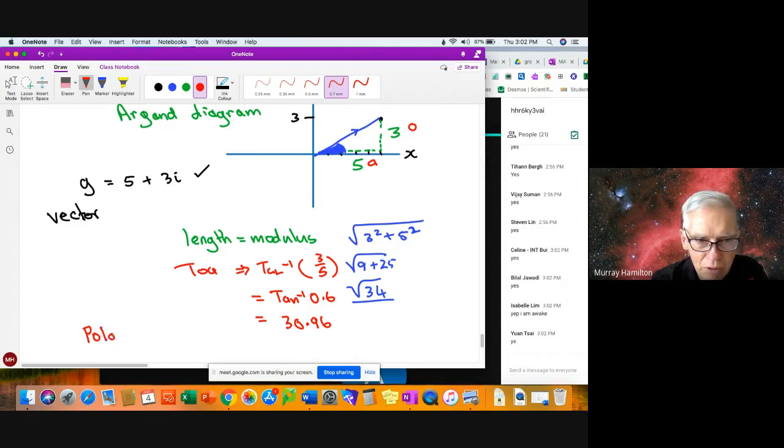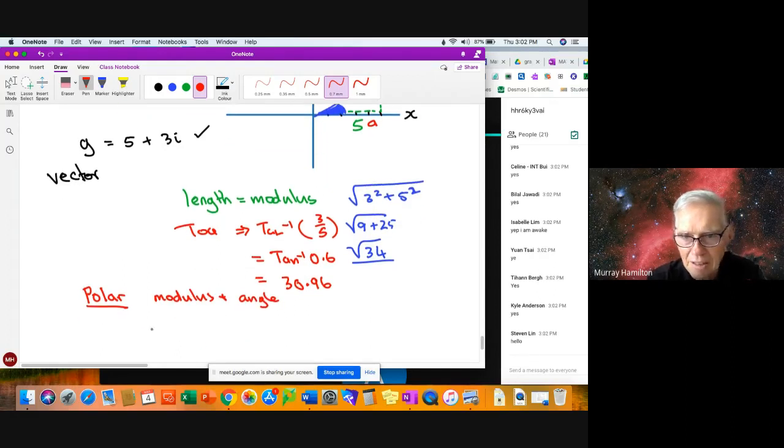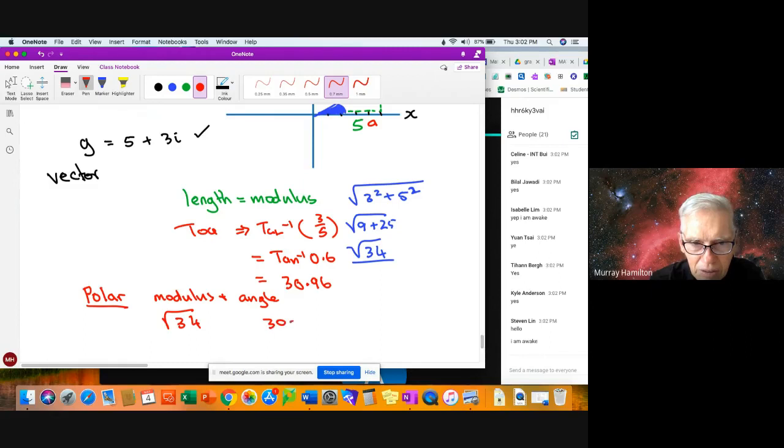Polar form, this is really cool, reminds you of the South Pole, is modulus plus angle. So we know the modulus is the square root of 34, and the angle is 30.96. But we've got something in the middle, which is CIS.